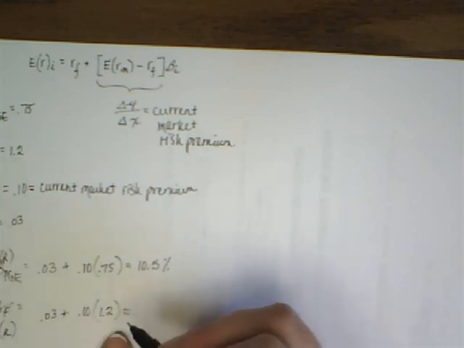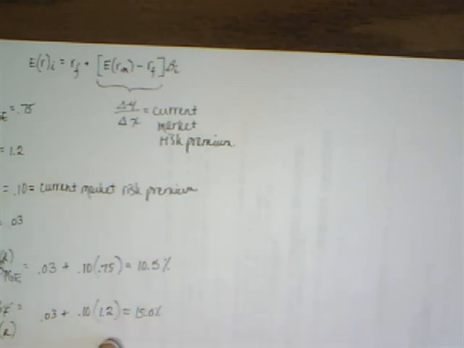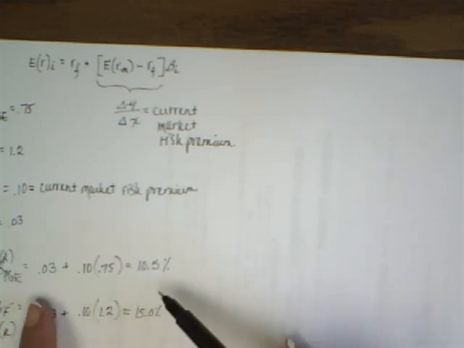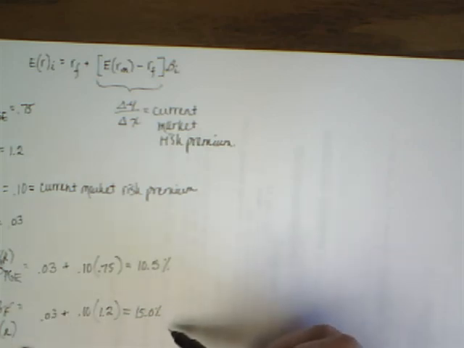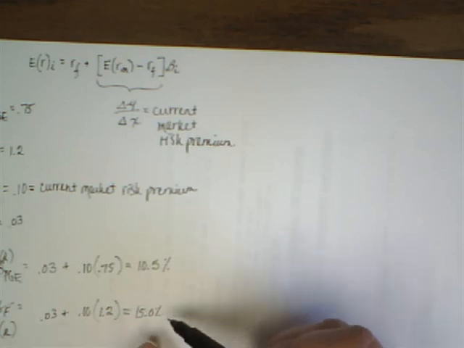And then when we calculate all this out, that's where we get our 15%. So this gives us the expected return from Portland General Electric. We can expect a return of 10.5%, and from Ford an expected return of 15.0%.